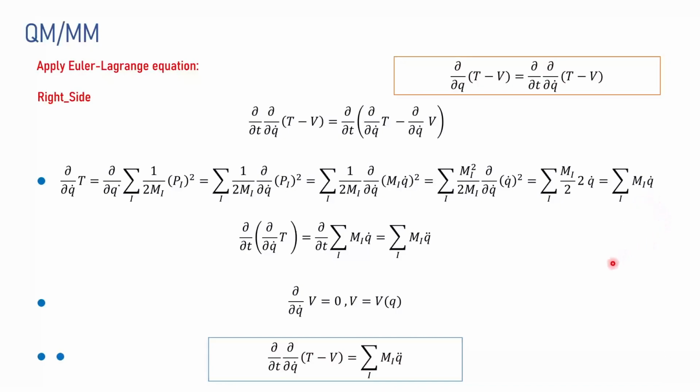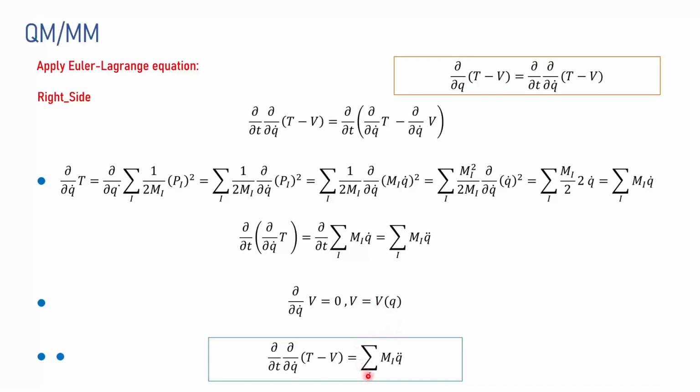And if we want to take the derivative with respect to time after that, we will just put it inside the sum, and we will have the sigma over i of mi q double dot, which is the acceleration. If we look at the second term, here we have the potential energy, and we take the derivative of the potential energy with respect to the velocity, which is equal to 0, because the potential energy just depends on the coordinates or on the distance only, and doesn't depend on the velocity.